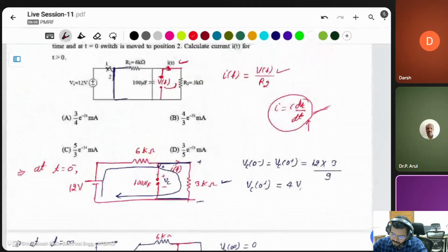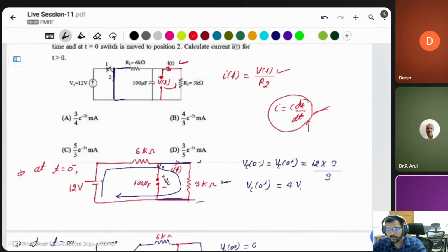In your exam, you can shorten the steps. If there is an objective type of question asked in the exam, there is no need to solve all the steps.